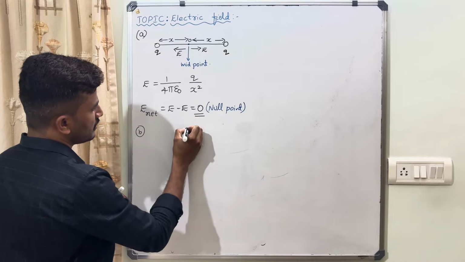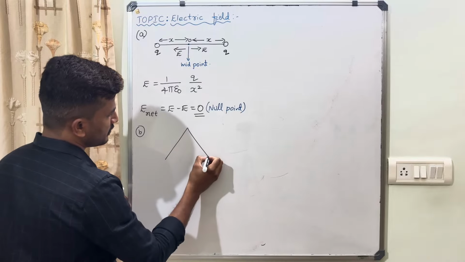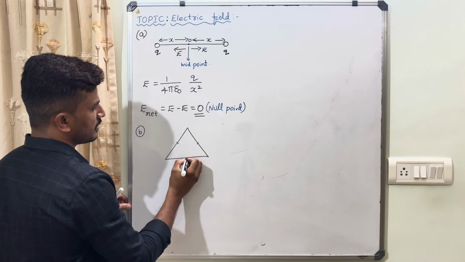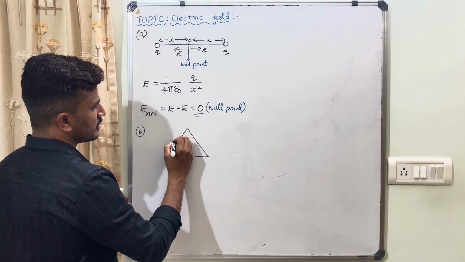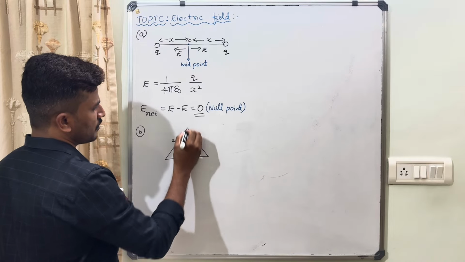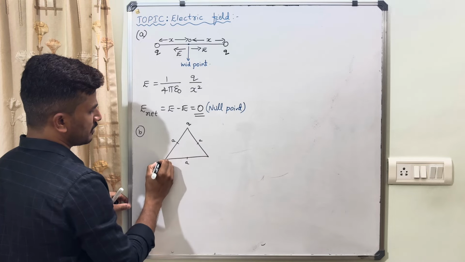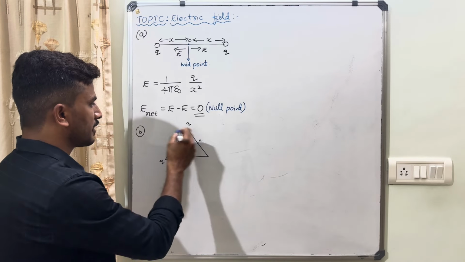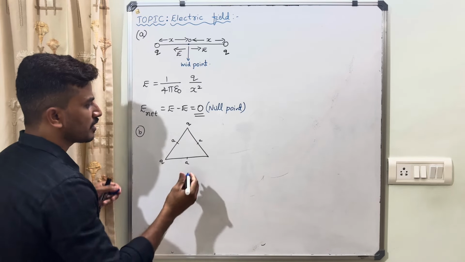Here I have an equilateral triangle. This side, this side, this side are the same. You can take this as A. Here and here I have two charges. Find the electric field at the third corner.